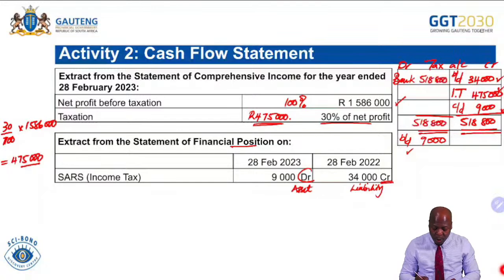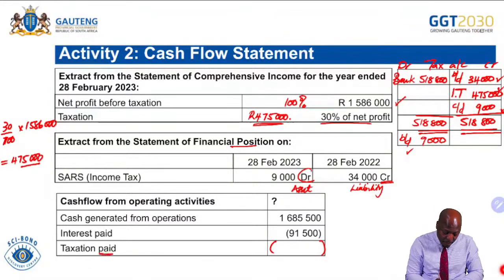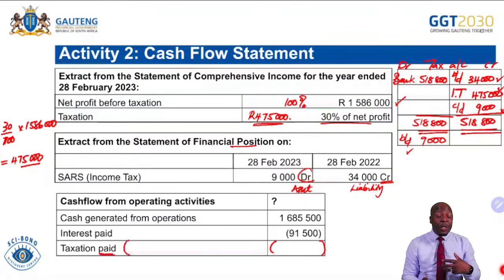Now, I am going to record this amount in my cash flow statement. Remember, I'm coming here to say paid. I know automatically, before I even get whatever amount, it has to be in brackets. Why? Because it is paid. So I'm coming here to show the examiner that I know what I was doing. At the beginning, we were owing 34,000.